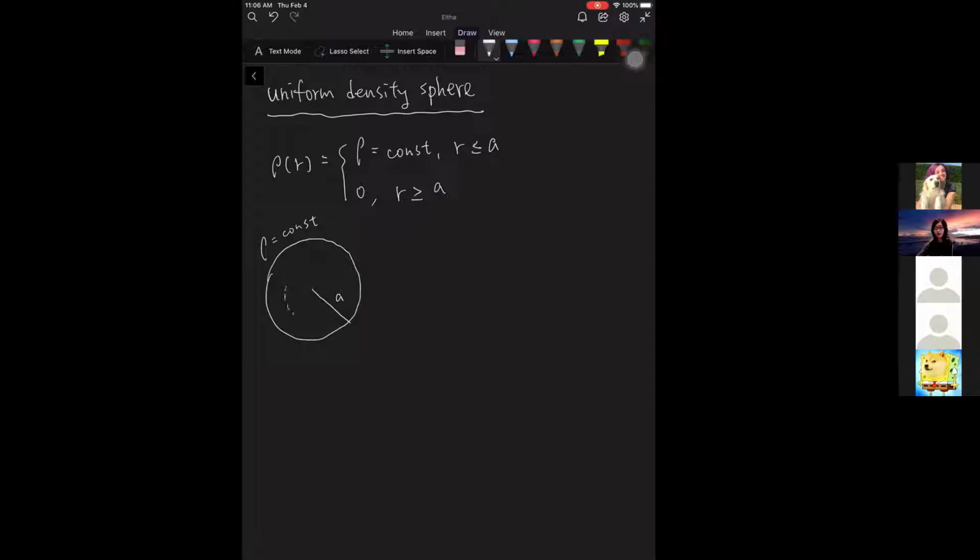Let's say we are interested in a particle somewhere at a radius r, so that we can derive these functions with respect to r.